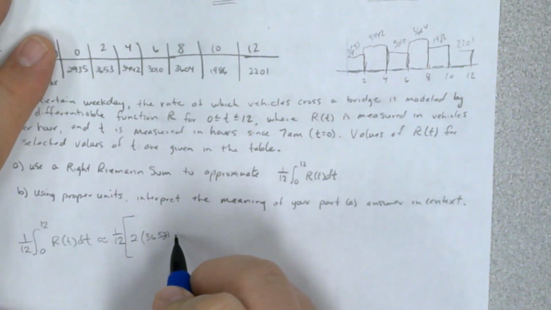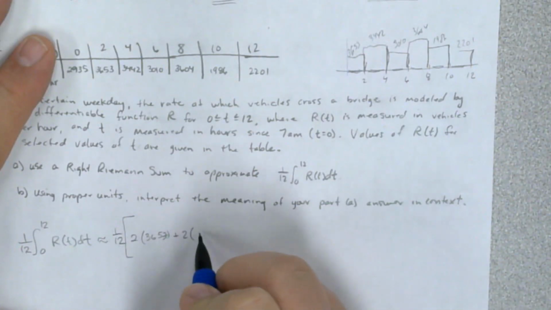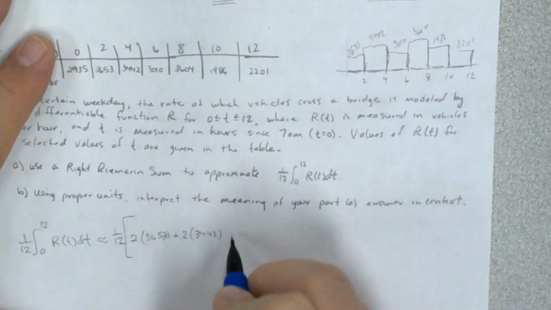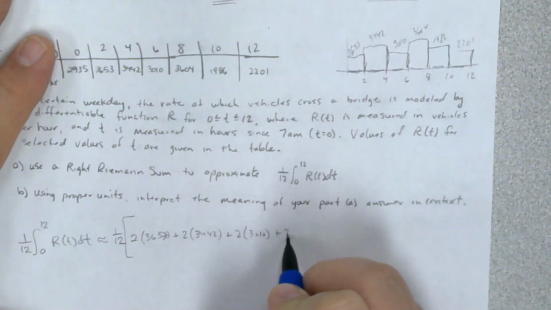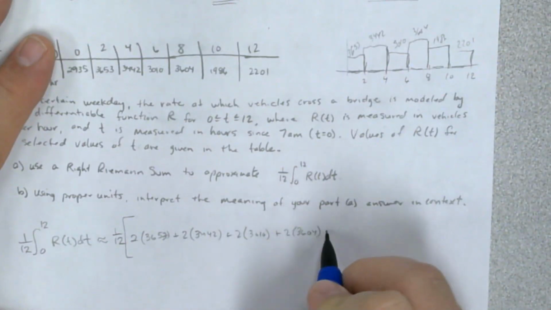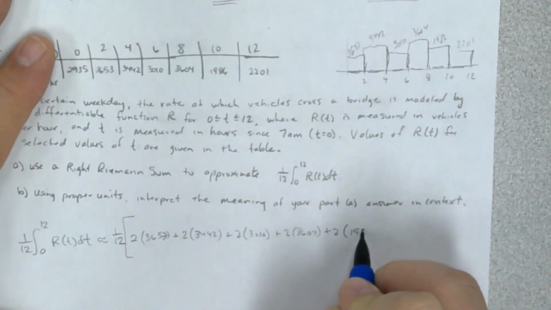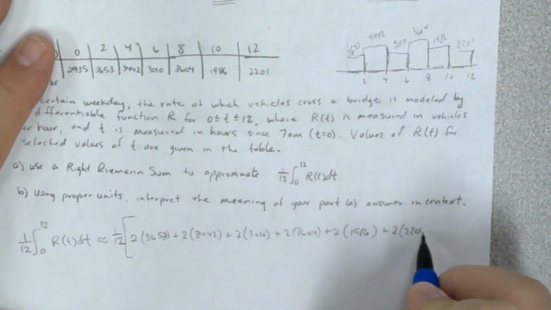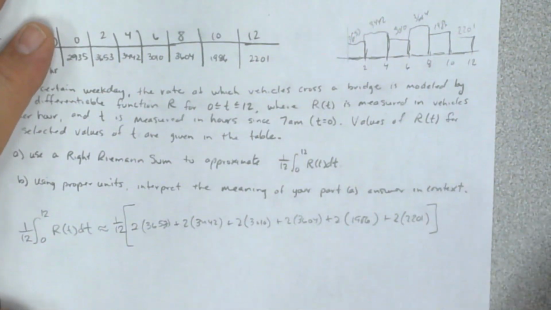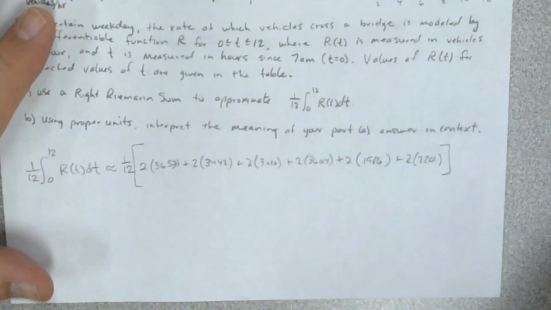And you want to make sure that you write this out. And then this one is 3442, and so forth and so on. And then 2 times 3604, 2 times 1986, and 2 times 2201. So that is my right Riemann sum for this approximation.